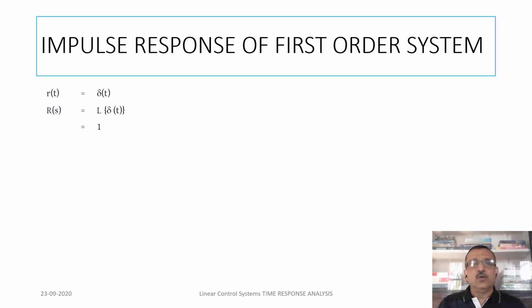So let us look at impulse response. Impulse, I have told you many times, is a sudden spike, and mathematically it is represented by delta t.